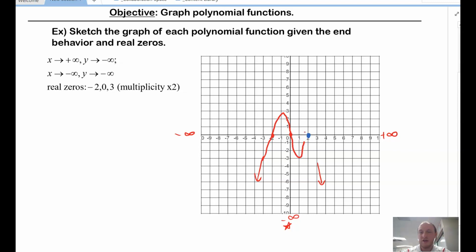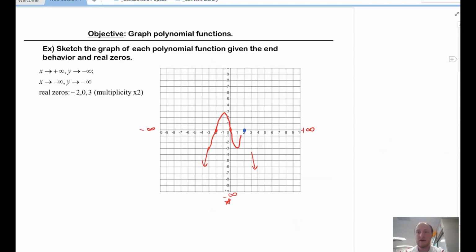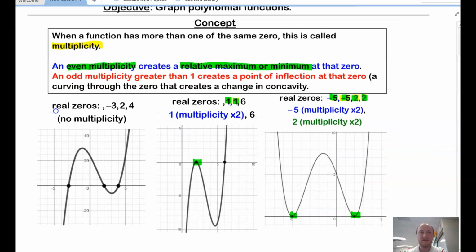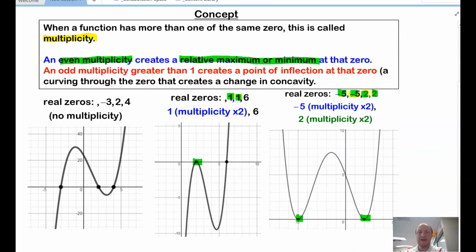Okay, pass through my zeros, and now I'm going to turn around. I'm going to approach this zero. Now pay attention, it has multiplicity. So what did we say when we have multiplicity? We said that it creates a relative max or a min, and here are examples of what it looks like. If I have multiplicity, I'm going to touch it and bounce off. I'm going to touch it and come back in the same direction.